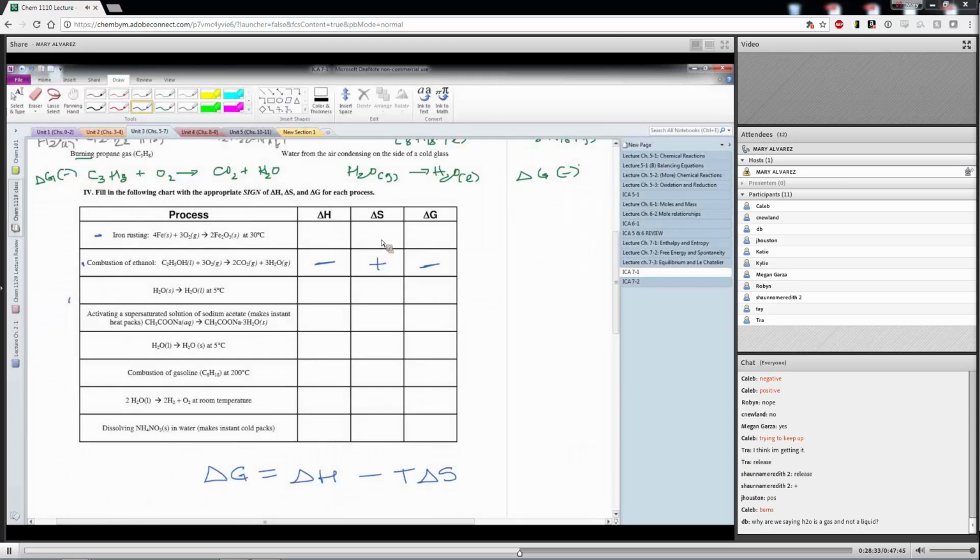Can we say anything about delta S for this process? Hang on a second. We could say something about delta S. I've got 4 iron atoms combining with 3 oxygen molecules to make 2 iron oxide molecules. Furthermore, all of these are gases and I'm going to form a solid.